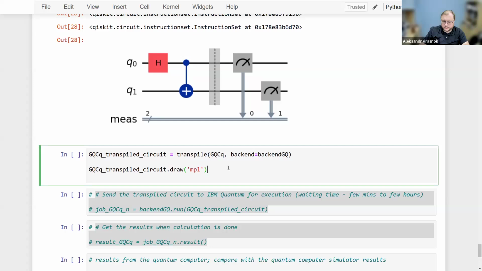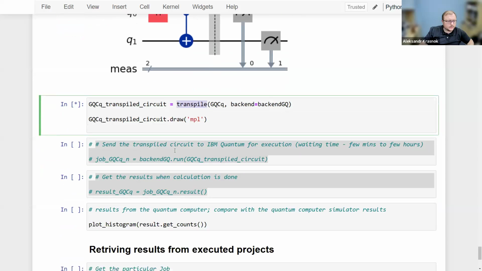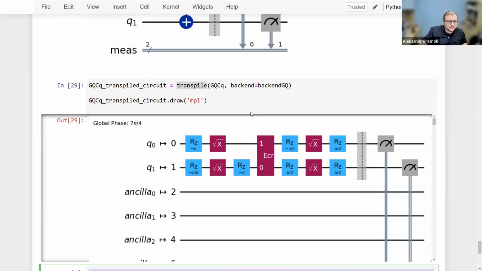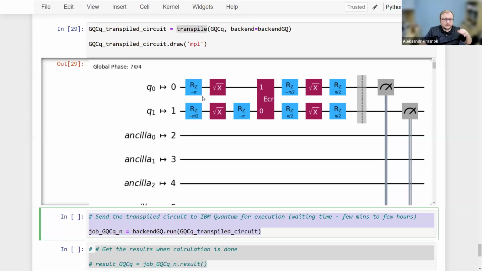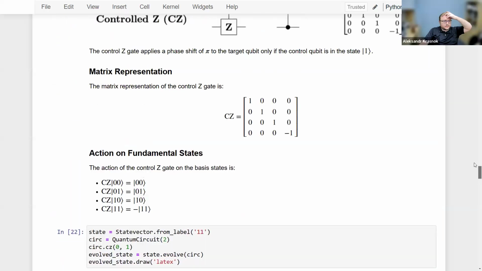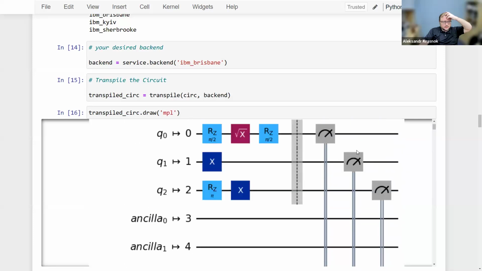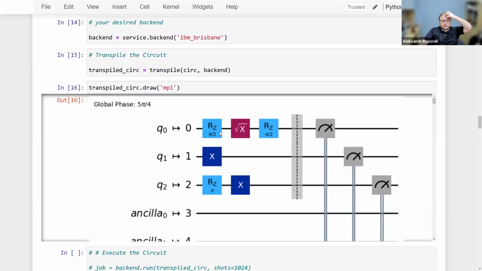Then we need to transpile this circuit, right, by using this transpile function. Takes some time. Yeah, this is the result. Okay, so you see now, in contrast to the first project we sent to IBM, these qubits, these lines, they are not connected along the line. No connection between the qubits.